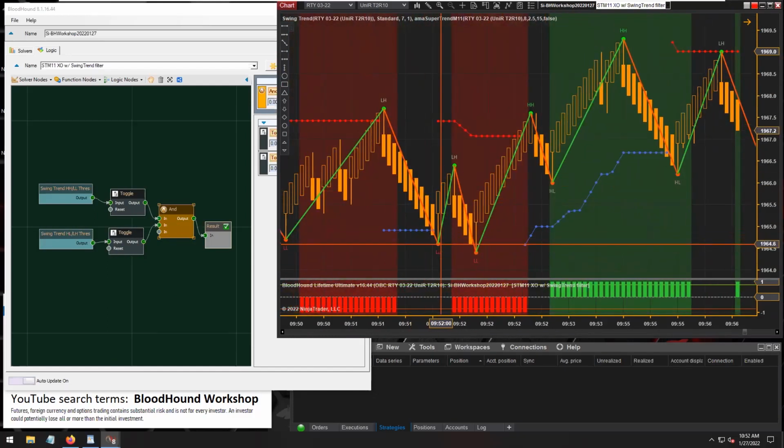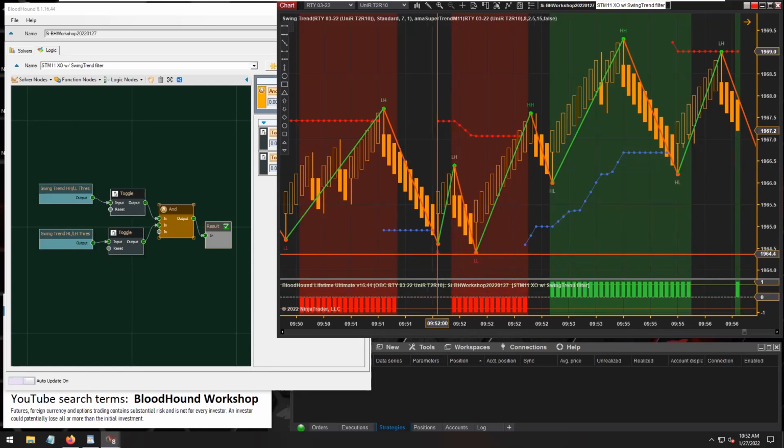So we have a lower low, and then we get a lower high, and as soon as that lower high is identified, then we get a short trend. So we had the lower low first, and then the higher low next, and then the short trend develops.